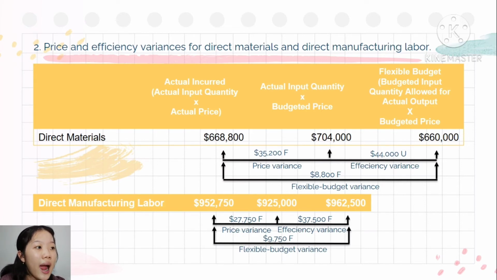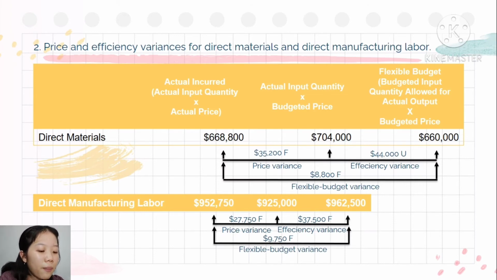And the actual input quantity times the budgeted price is from the quantity, which is 70,040 pounds times $10 per pound, and the result is 704,000.